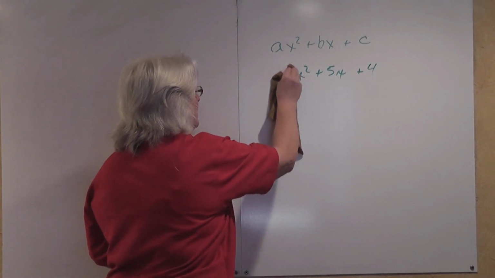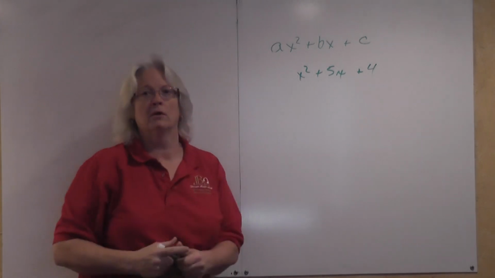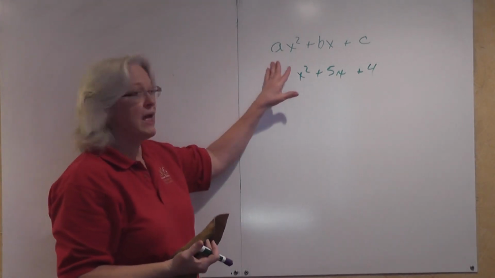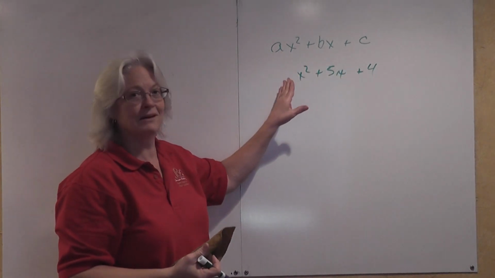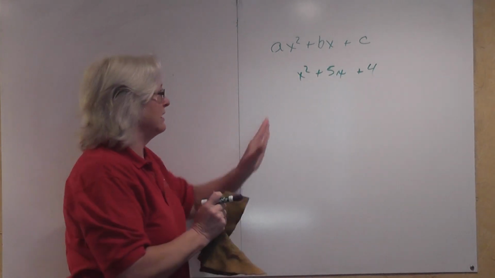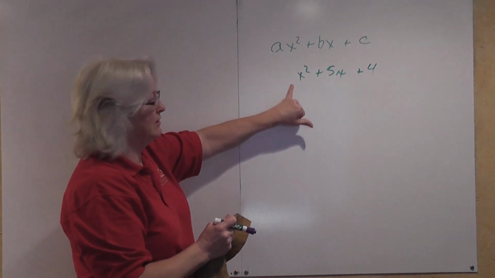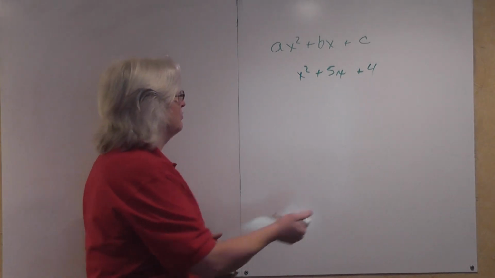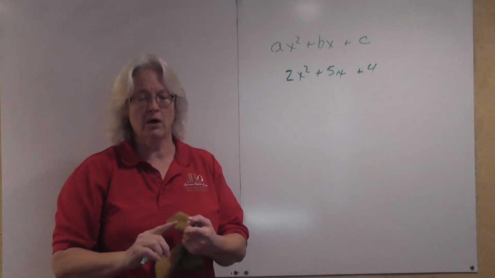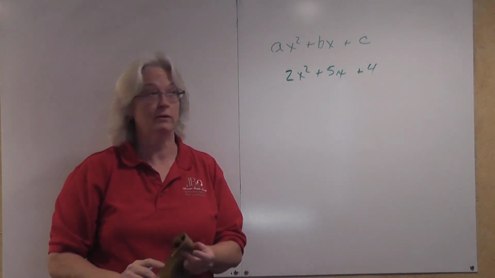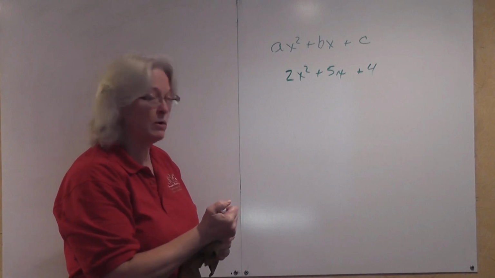So when they're talking about polynomials that take the form ax squared plus bx plus c, they're specifically eliminating this first one where you have an understood coefficient of 1. So this is going to be any whole number other than 0 or 1 as the coefficient for our first term.